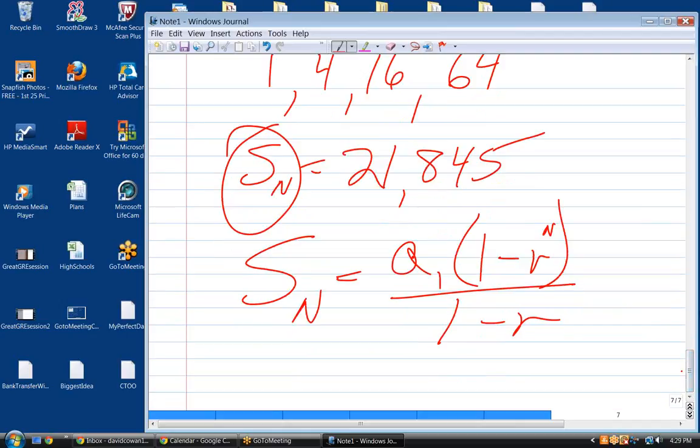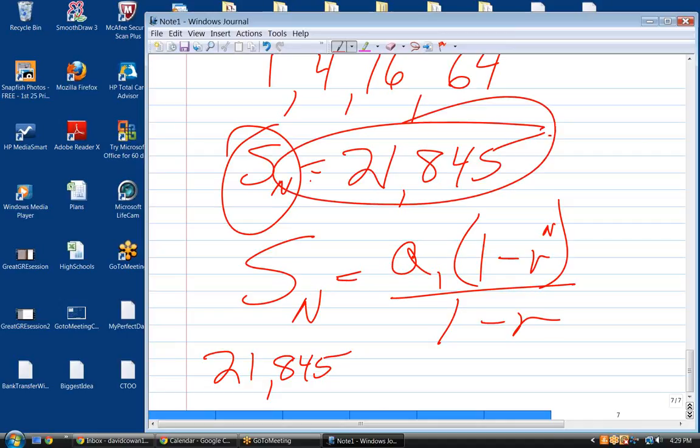Well, let's solve. This is the formula I have in my book. So we got 21,845 for the sum. They've told us that. So that's going to equal, a sub 1 is 1. So we have 1 minus, the common ratio is 4 to the n, and that n goes inside the parentheses, not out. All over 1 minus 4.